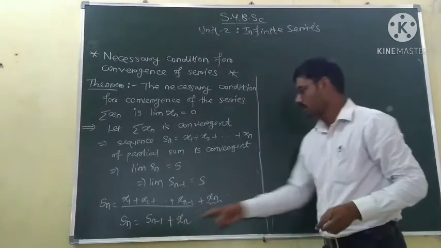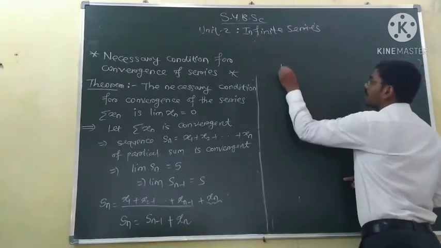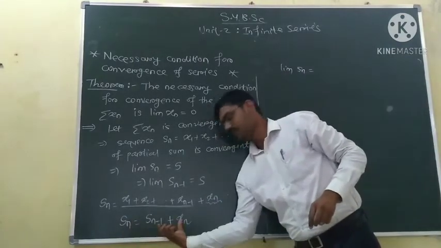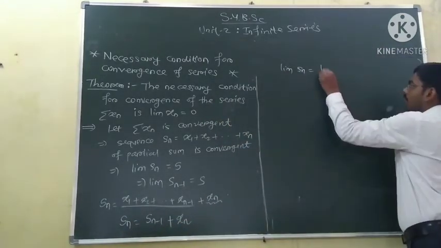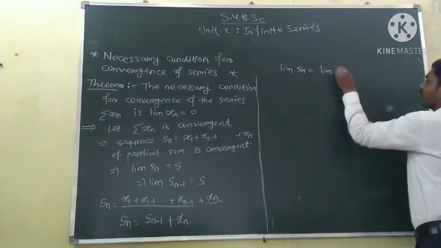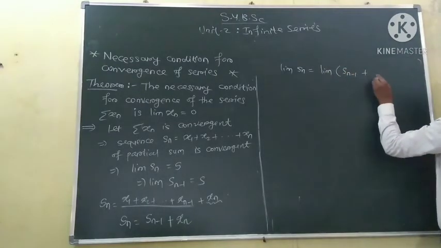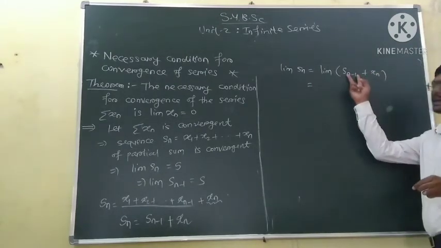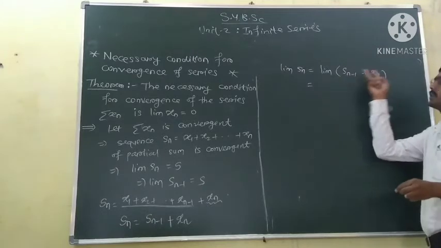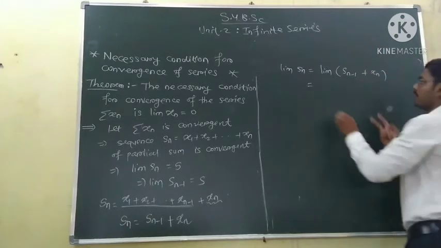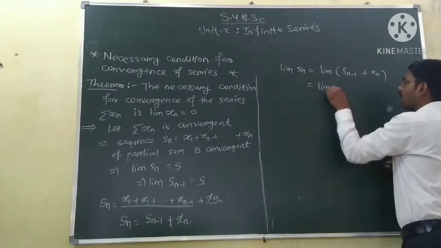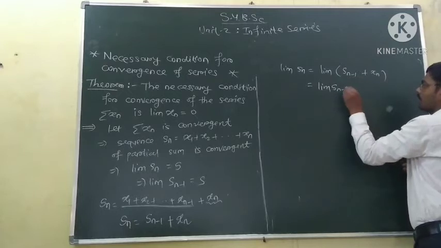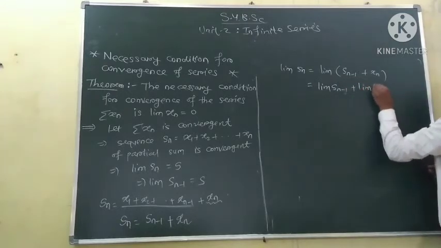So from this we can say that the limit of Sn is equal to the limit of Sn minus 1 plus xn. But we know the limit of Sn plus Tn is equal to the limit of Sn plus the limit of Tn. This is the general formula. So here the limit is equal to the limit of Sn minus 1 plus the limit of xn.